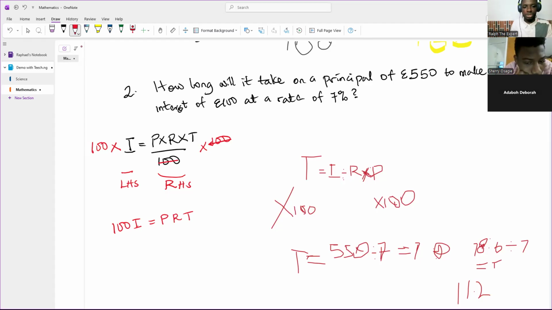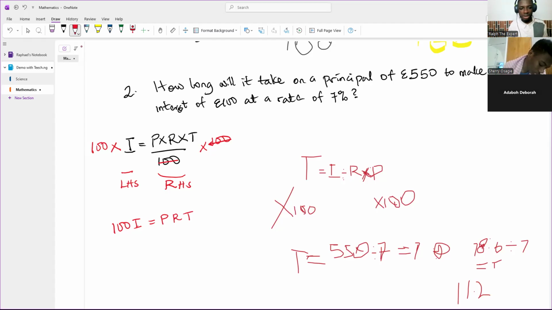Okay. So the next thing we want to do is take PR to the left hand side of the equation. Because we are doing the opposite: when PRT was divided by 100, we had to multiply by 100 to remove it.